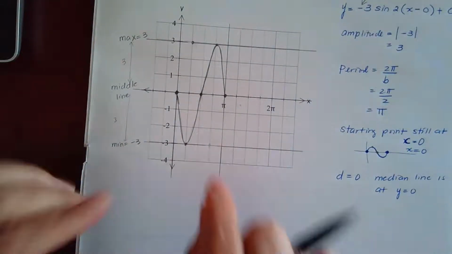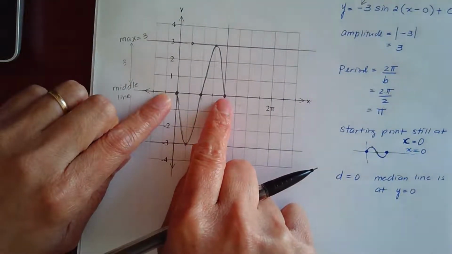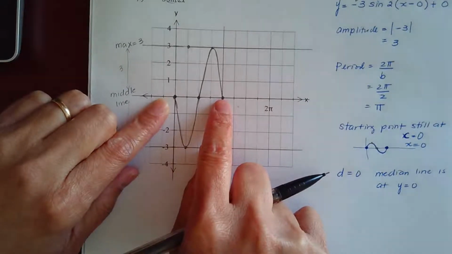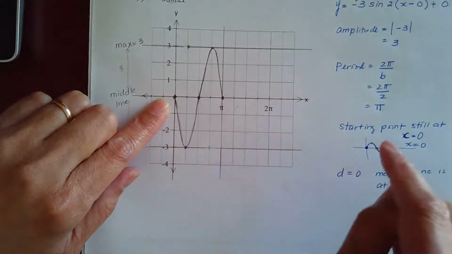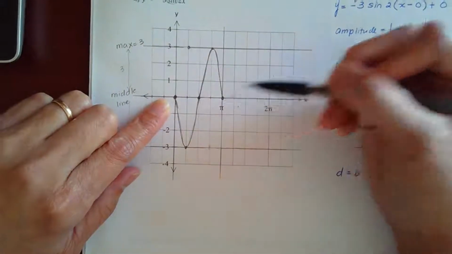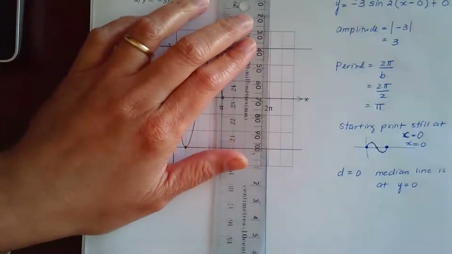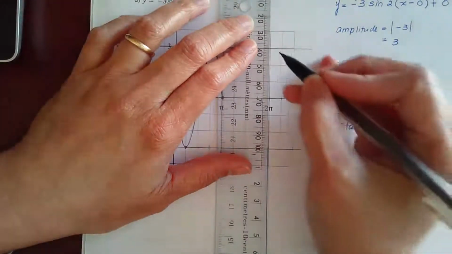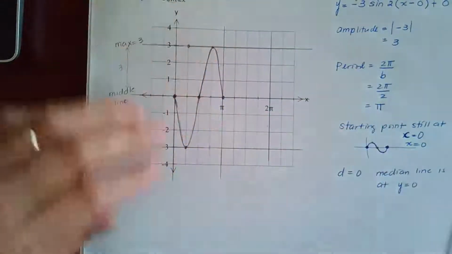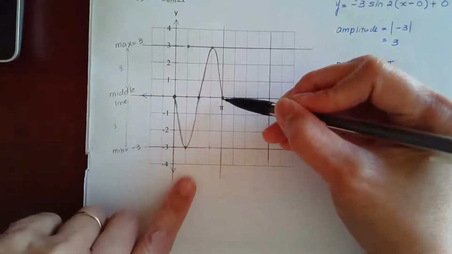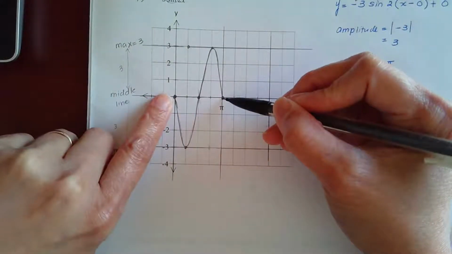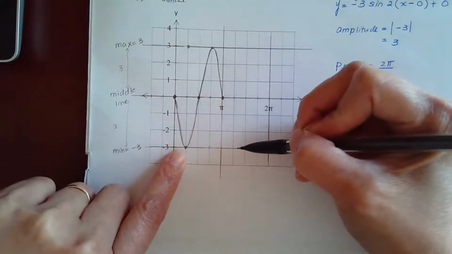Because this is a sinusoidal function, it's a periodic function, it means that it keeps repeating over and over again. So another block of pi right here. I can repeat it over again. So this one would be that one, and this one would be right here.